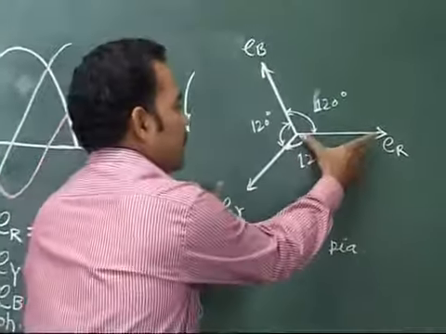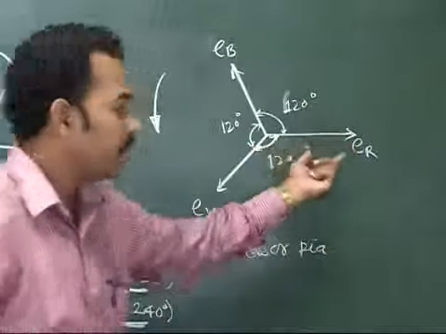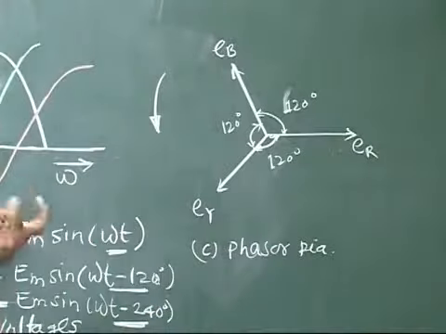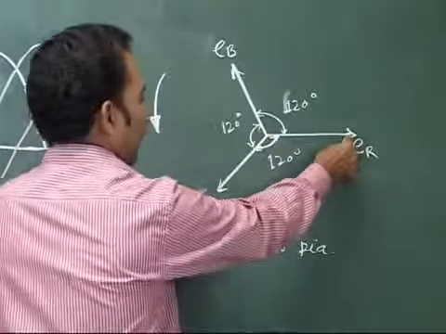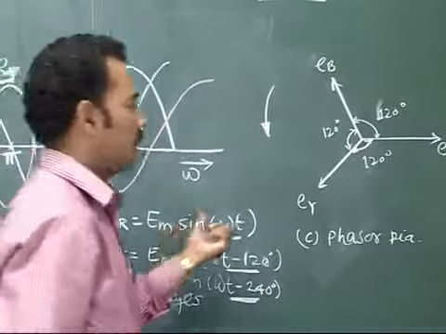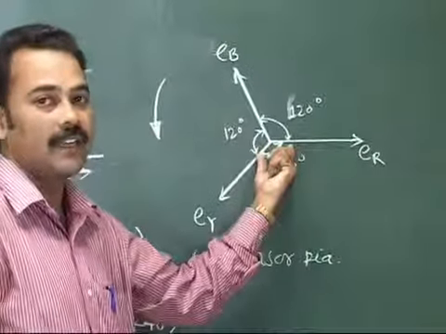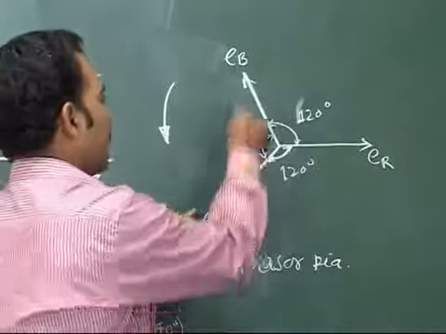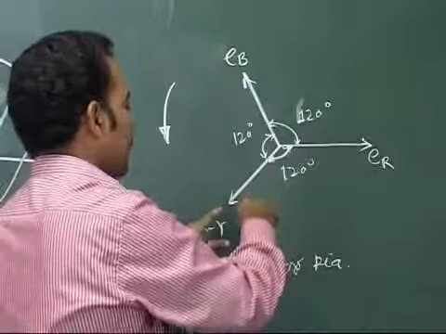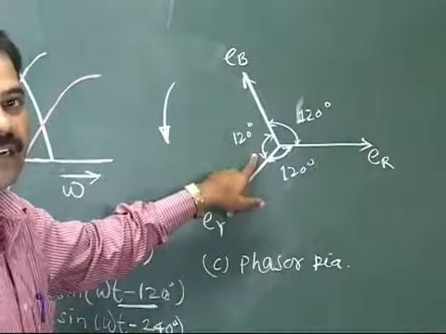Here you can see the magnitude of the voltage in the coil R. ER is the reference voltage, given by E max sine of omega t. EY is lagging behind ER by 120 degree. Similarly, after EY, EB rotates, that means EB is lagging behind EY by 120 degree.